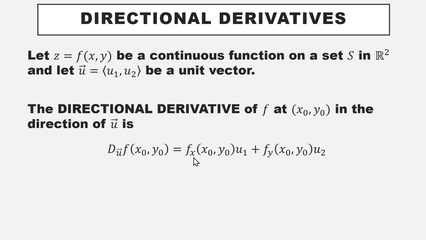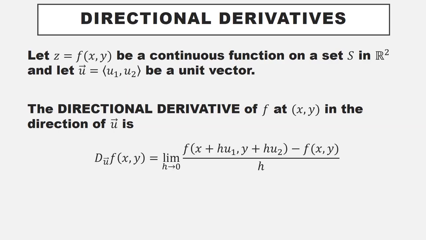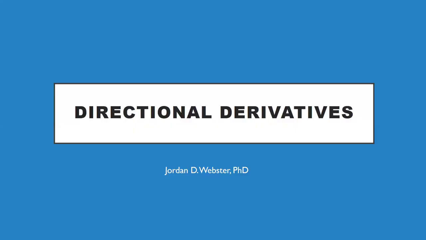So some combination of moving x and y at the same time in a specific direction. So it becomes a linear combination of those first order partial derivatives. So this is the end of the directional derivatives video. I hope that all of this made sense.